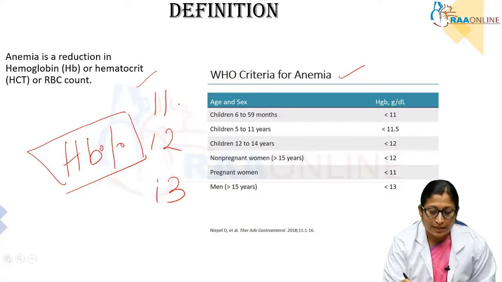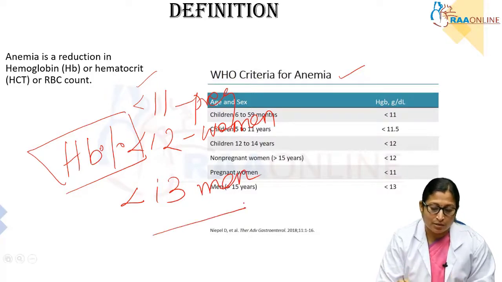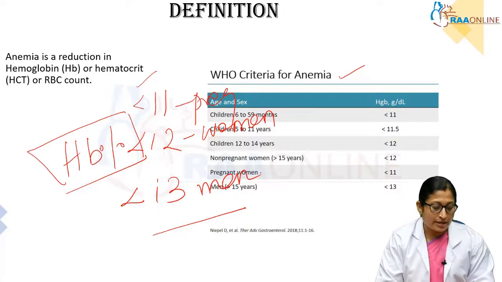Hemoglobin less than 11 in case of pregnancy, less than 12 in case of women, and less than 13 in case of adult men is what we define as anemia. So this is the WHO criteria for anemia: hemoglobin of less than 11 in pregnant women, less than 12 in normal adult female, and less than 13 in normal adult male.